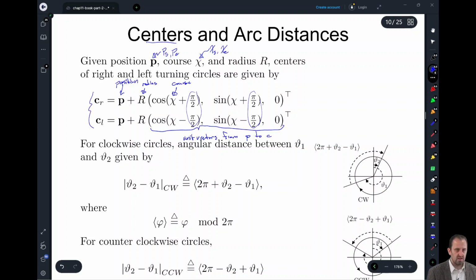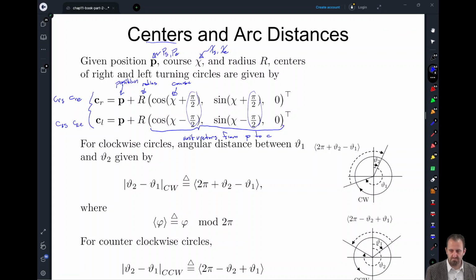And we'll produce actually 4 center points. We'll have our CR start, our CR end, our CL start, and our CL end. All right, so we're going to do this for 4 different center points.